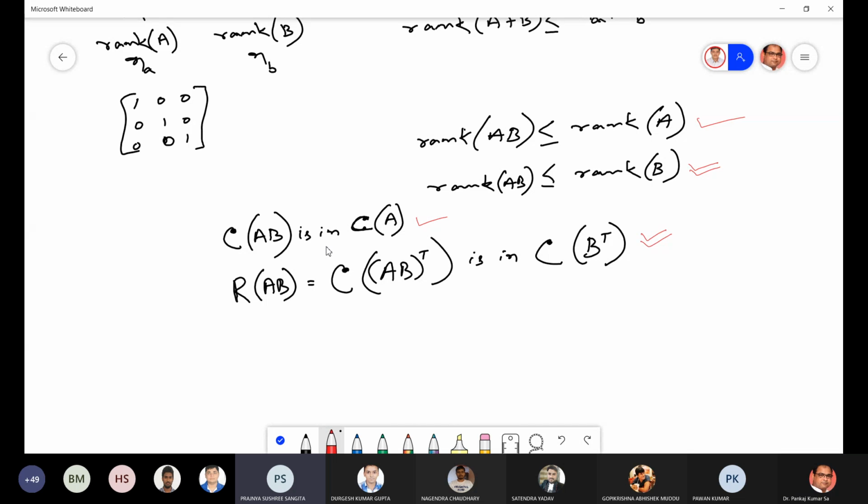When you say rank of A, you refer to the number of independent columns of A, right? Yeah, of course. Independent columns of A or independent rows of A. Sir, when we say rank of AB is less than or equal to rank of A, or rank of AB is less than or equal to rank of B, are we assuming that rank of A and B are the same? What if the ranks of A and B are different?